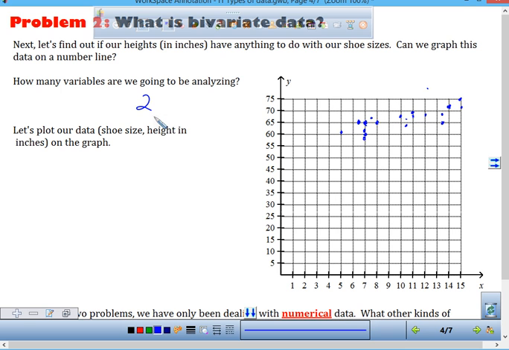Generally speaking, if you look at the graph as a whole, if I move from left to right, what's happening? Slightly, as the shoe sizes are increasing, the heights are increasing. So that's one thing you could analyze. You would say as the shoe sizes increase, the heights increase.